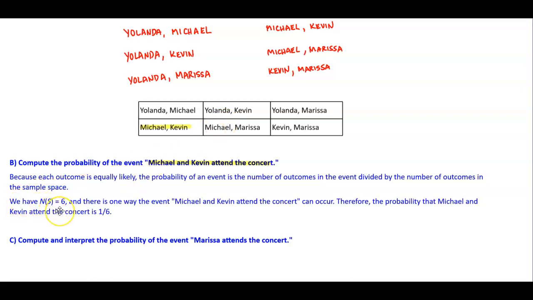So in the sample space, we have a total of 6 because we have 6 choices to choose from. 1, 2, 3, 4, 5, 6. And there is one way the event, in this case Michael and Kevin attend a concert, can occur. So therefore, the probability that Michael and Kevin will attend the concert is 1 out of 6.